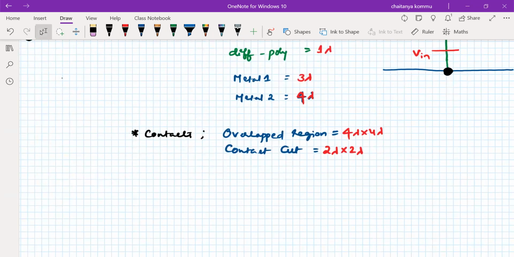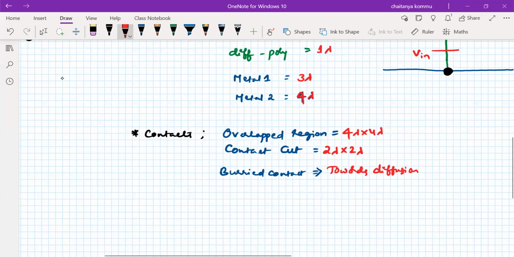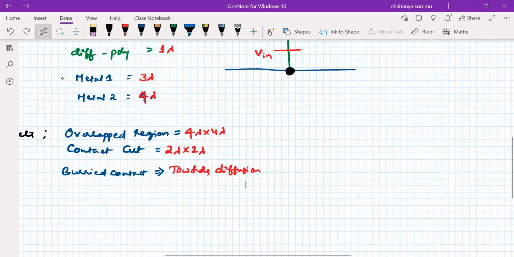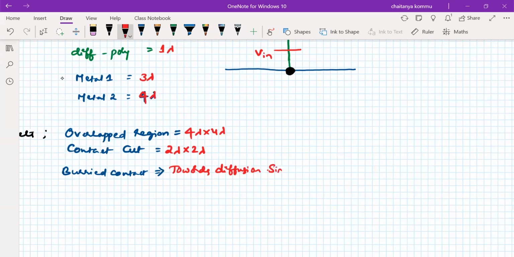Whereas the buried contact, so let us consider the buried contact. What we have to see in that, towards diffusion side, we should maintain 2 lambda from channel.